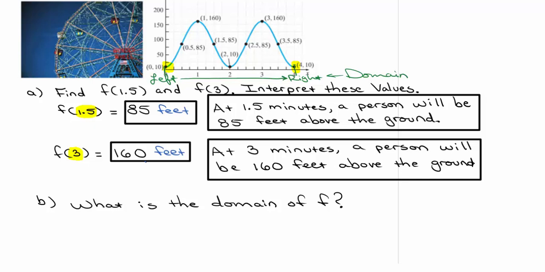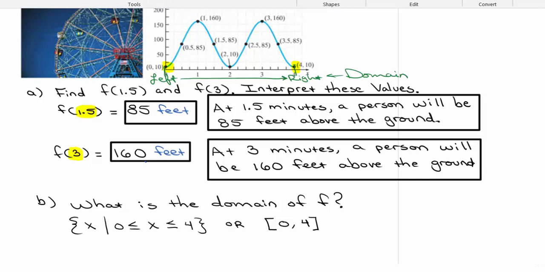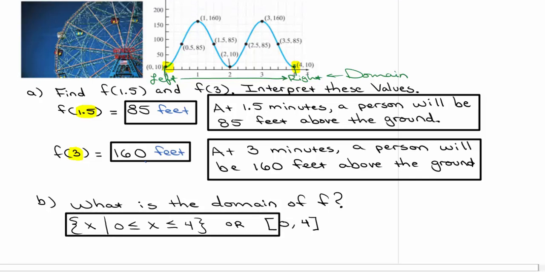So this would be the set of all x such that x is greater than or equal to 0 and x is less than or equal to 4. We could also write this as the closed interval from 0 to 4. So that's going to be our domain. I'm going to box that in.